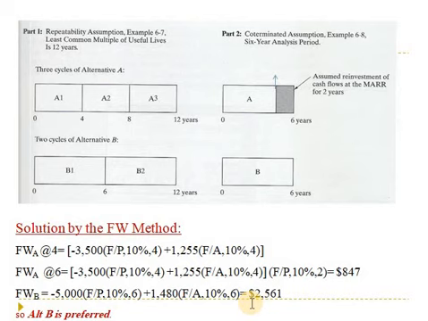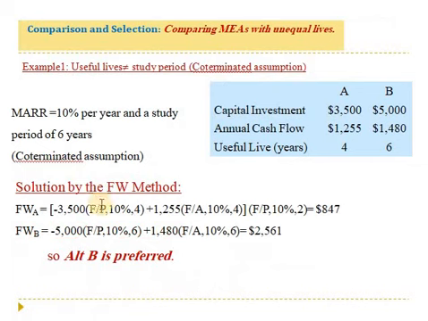So all these methods will help you to solve comparison between alternatives once they have different lives. So this is the final answer with the co-terminated assumption. Here the period is 6 years. Why 6 years? Because this is the largest period. You change the small into the big one. And this is what you have to learn concerning comparing alternatives with unequal lives.